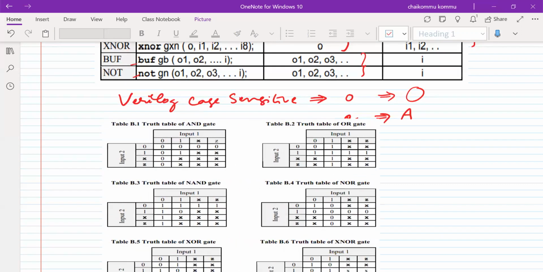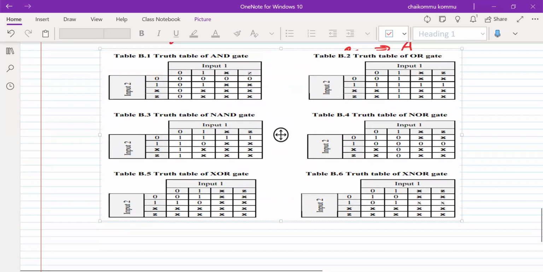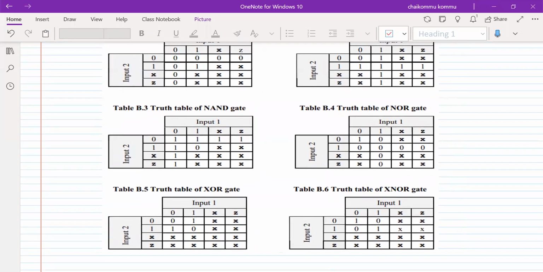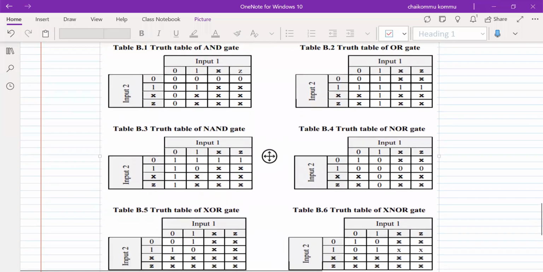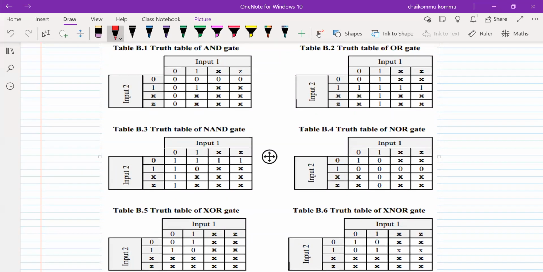These are the gates. So it is an AND gate, and here I have written the AND gate.